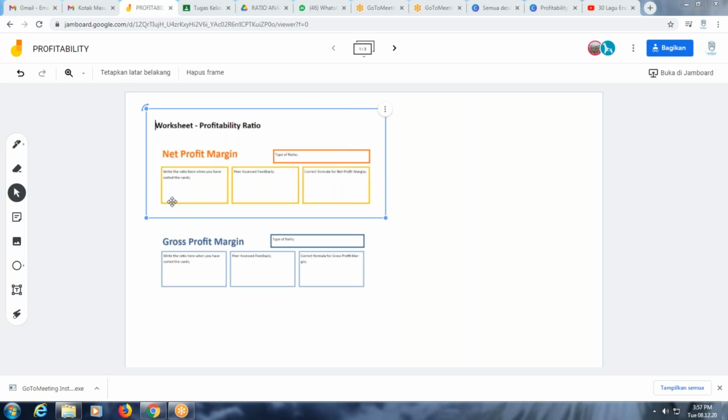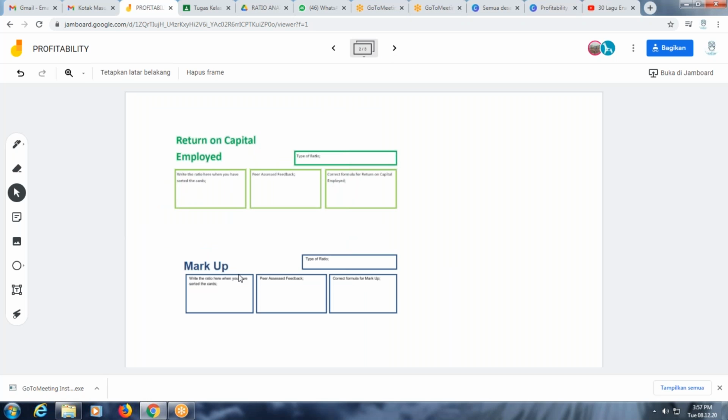You can use a sticky note here and write on the box for net profit margin, gross profit margin, and so on. This is for return on capital employed, and the last is for markup.